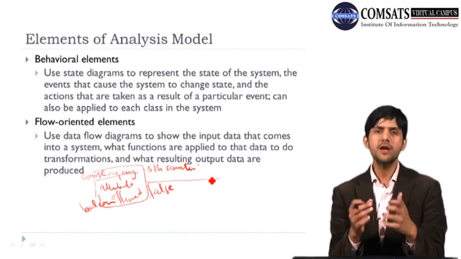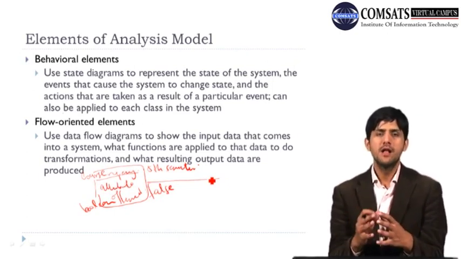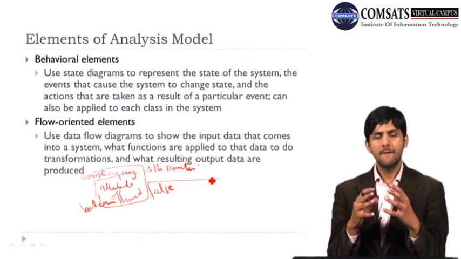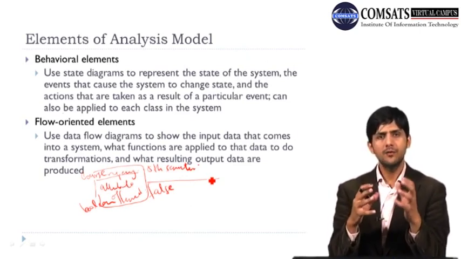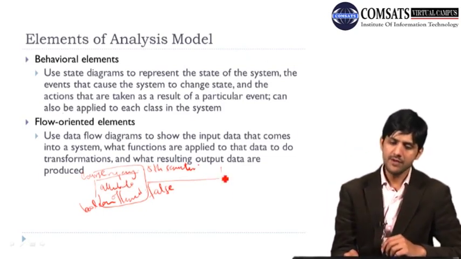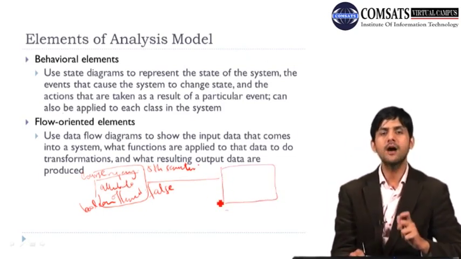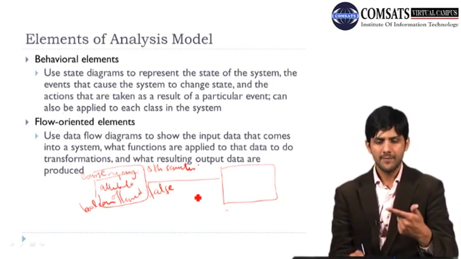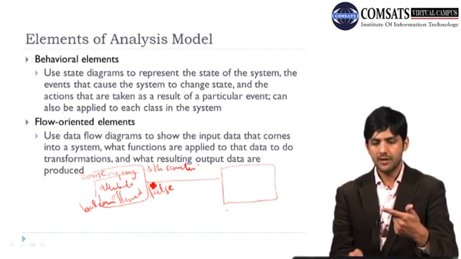Okay, and when we are trying to model the behavior of this class, we want to know what event would occur which would change the state of the class. So, for example, one of the events that would occur is that there are a few 5th semester students now, and this course is being offered.